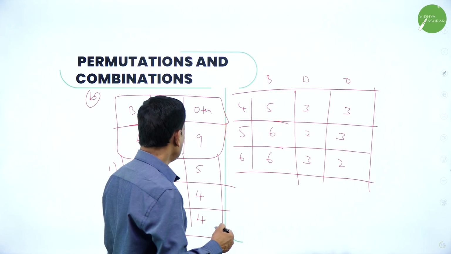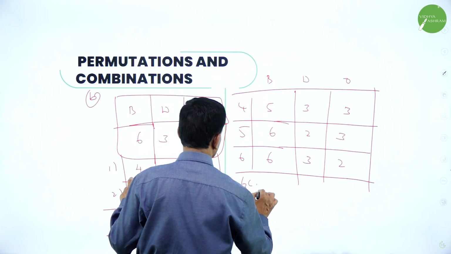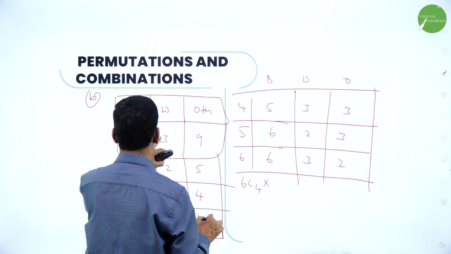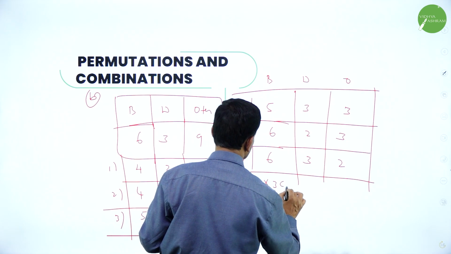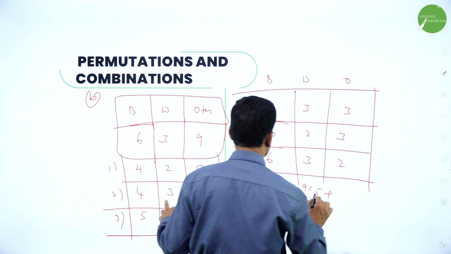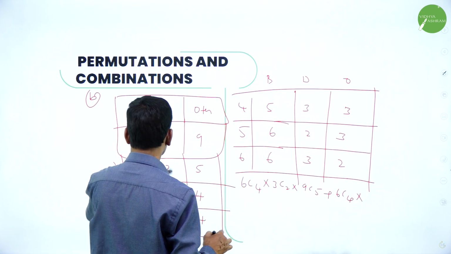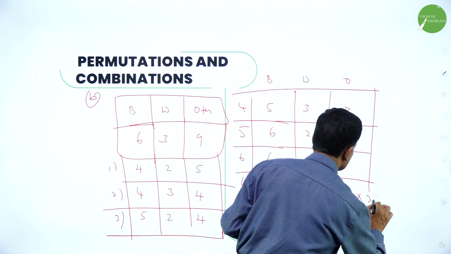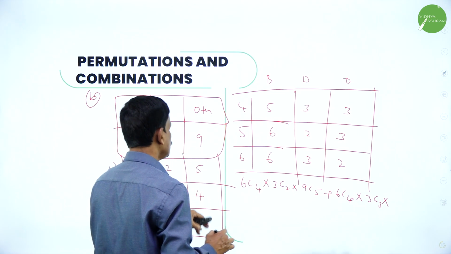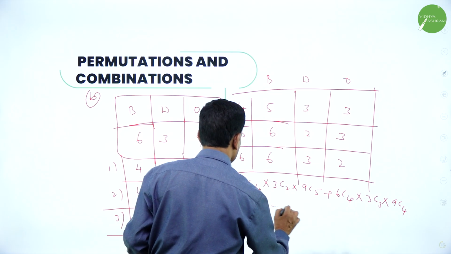So if you simplify this, what is the answer we are going to get? 6C4 into 3C2 into 9C5, plus 6C4 into 3C3 into 9C4, plus like this.